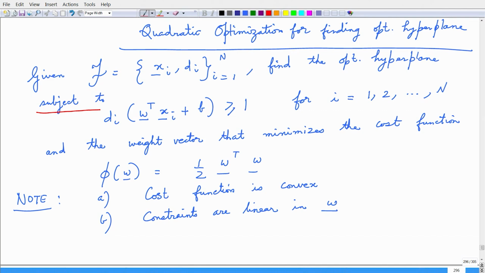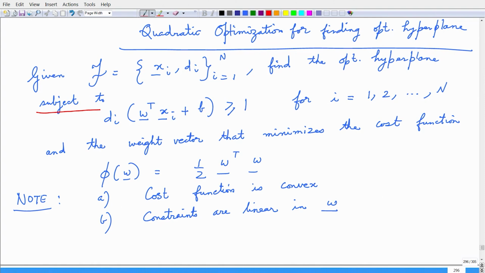So you have a plus 1 times some positive quantity, and a minus 1 times some negative quantity here. That is the meaning of this equation.